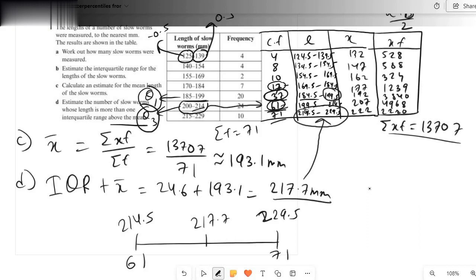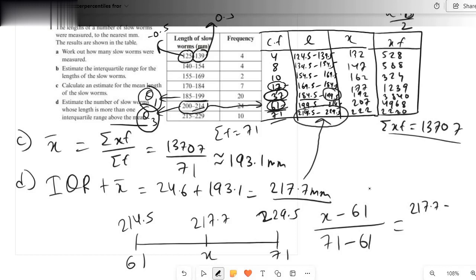And for the IQR plus mean, this is going to be x. So we can use linear interpolation, x minus 61 divided by 71 minus 61 equals their ratios of lengths.